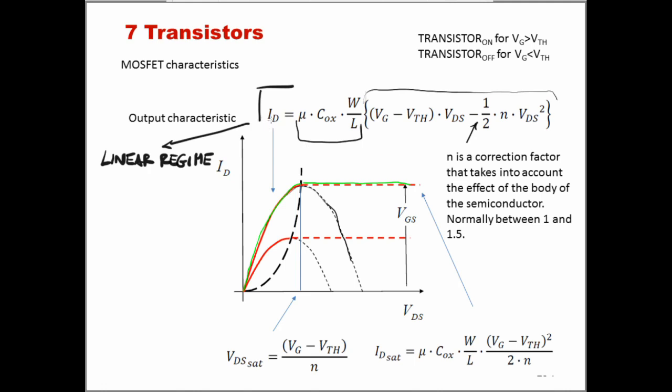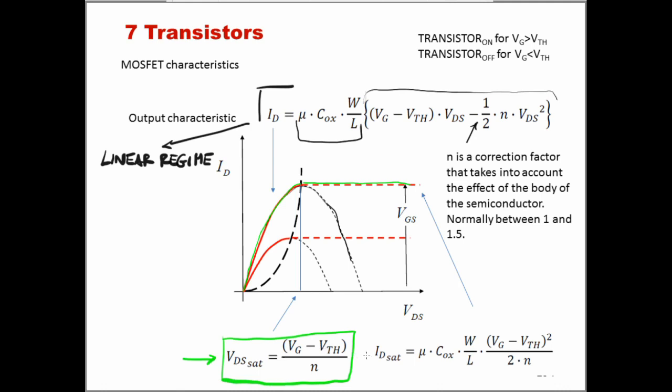So while this formula represents well the linear regime, when we are in saturation, what we should consider is that the maximum of this parabola takes place at this point that we shall call VDS saturation.